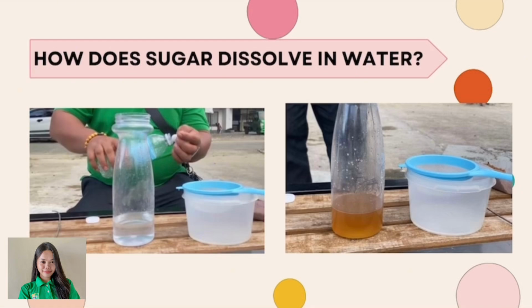The sugar is no longer visible because it has dissolved at the molecular level. For you to understand more, we have provided a demonstration in the next slide.